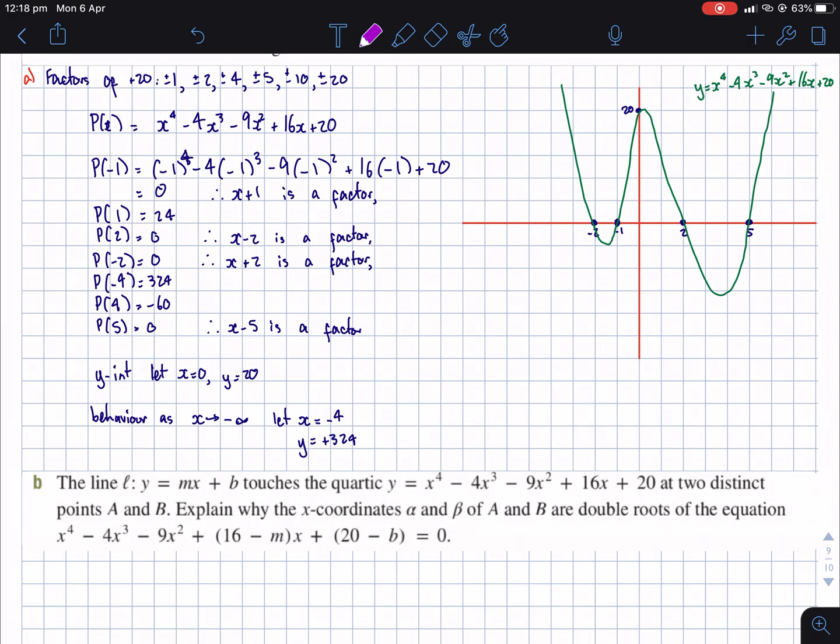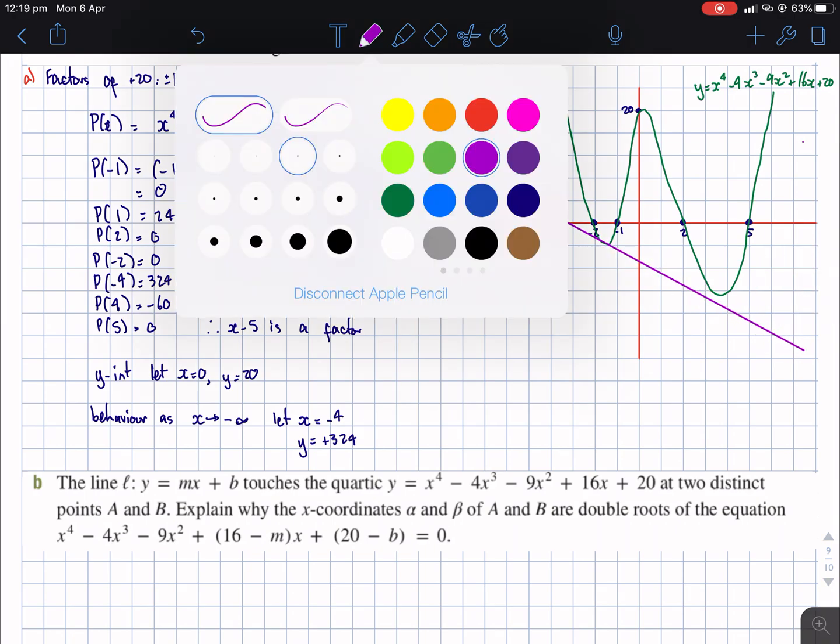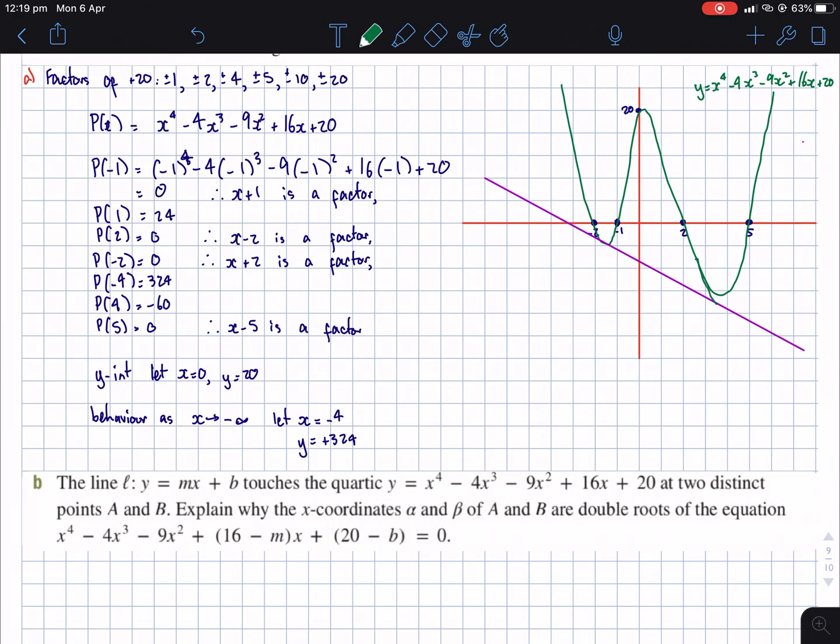So I've got the feeling that means we're going to, well, either it could cut there, look, implying they're saying double roots means I think they're going to talk about having it cut through. If we'd drawn this better, this could have gone like down here.